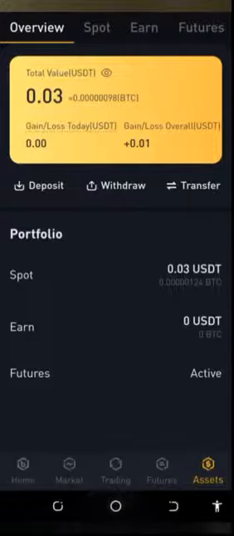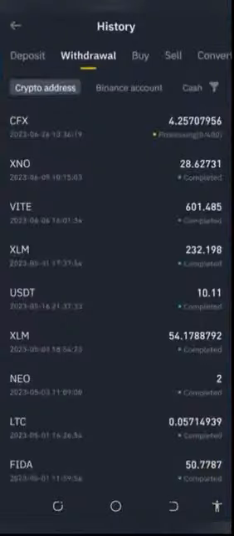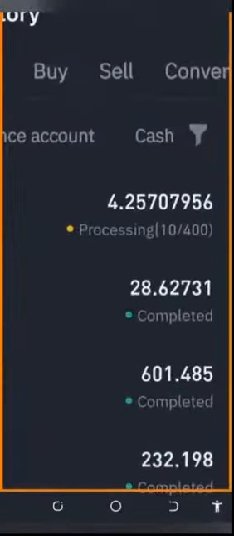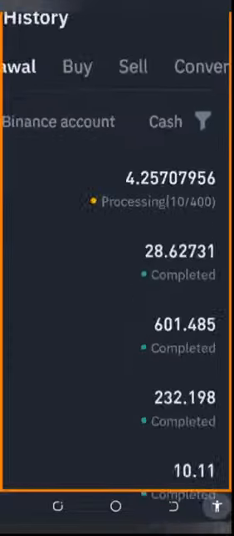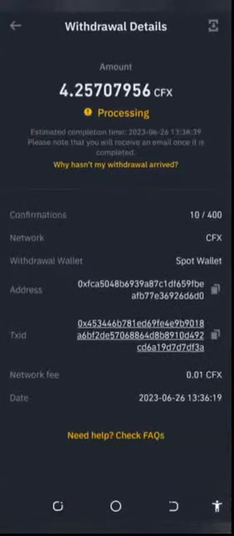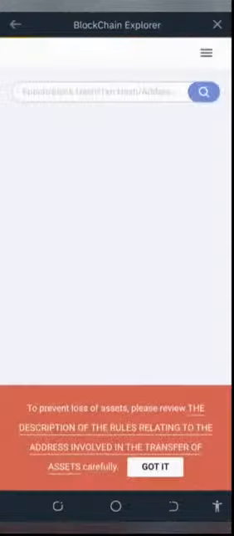Let's keep our fingers crossed. Currently, it's still looking like it's processing. We've gotten 10 out of 400 confirmations. Interesting. I don't know how long this is going to take. No idea, right? Let me click on this, whether this will take me somewhere to see what's going on currently. Well, this is what happens when you're trying to send money through networks. It takes time.